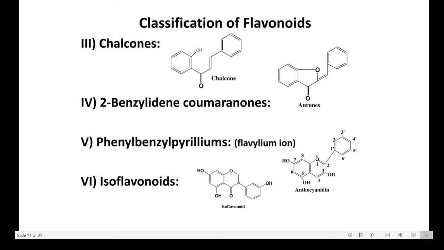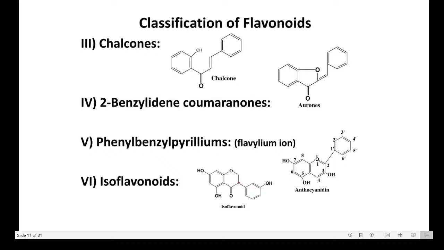These chalcones are very useful, highly useful for antioxidant property. Many papers are on chalcone-like compounds. And benzylidene, and the aurones, for example, are helpful for fragrance.